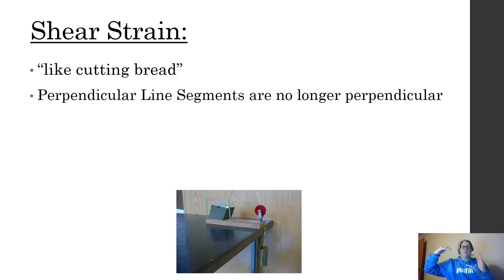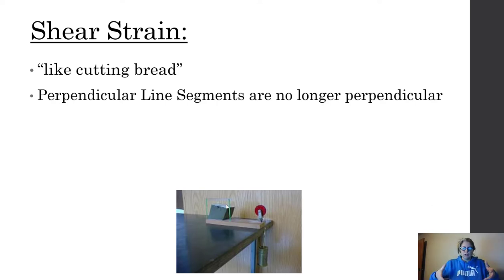So now that normal force has become a shear force. It is parallel to the top of that rubber block. It shears, and we get that change from perpendicular to this angle. That's our shear strain, okay? So again, it's a normal force that is creating shear.